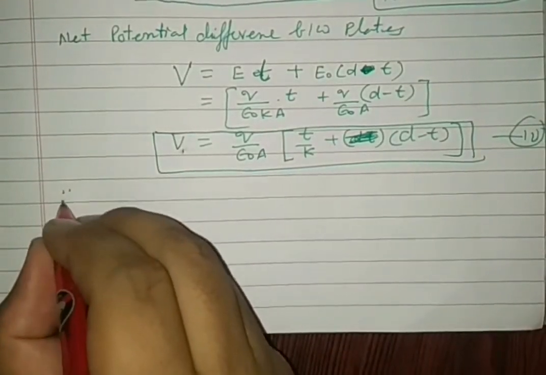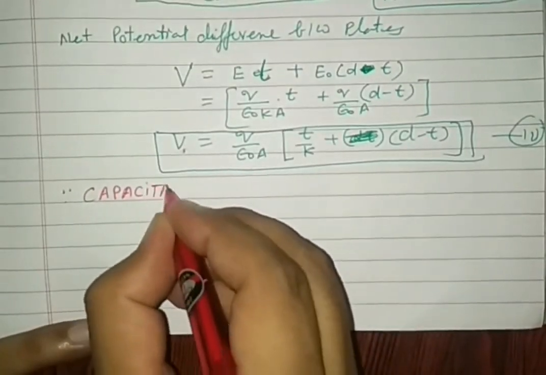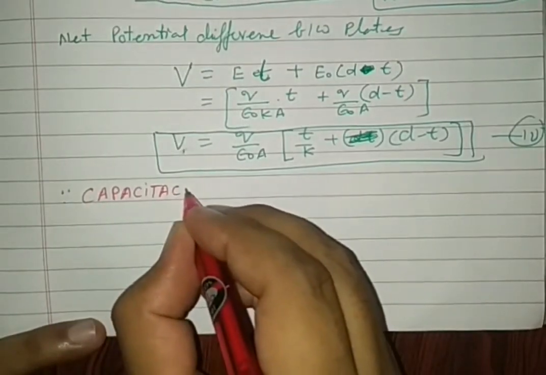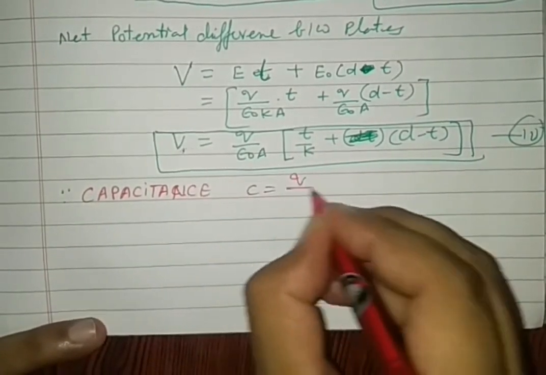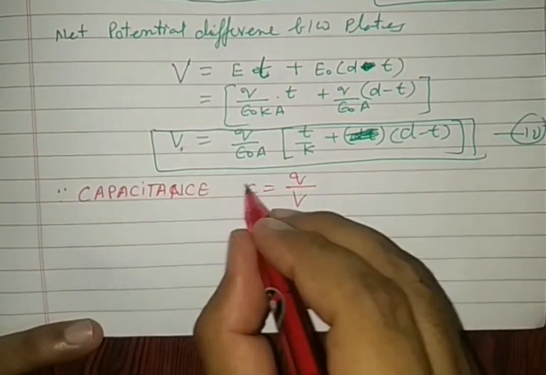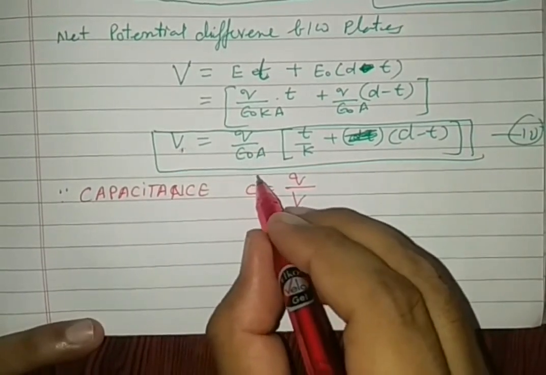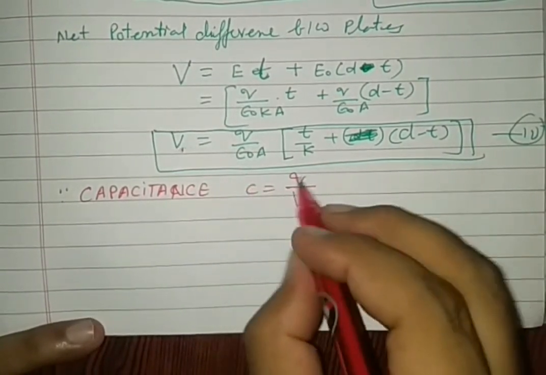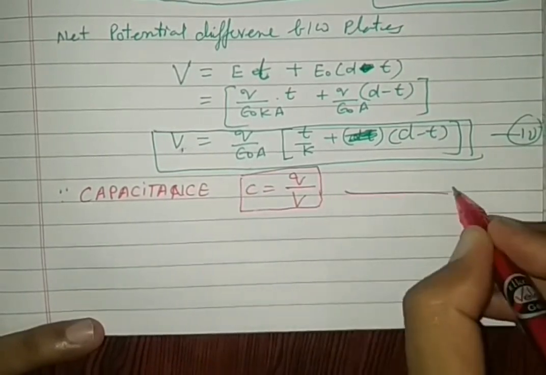Since capacitance C is given by the formula Q by potential, this is the capacitance of a parallel plate capacitor partially filled with dielectric, which in this case is given by this. This is equation number 5.